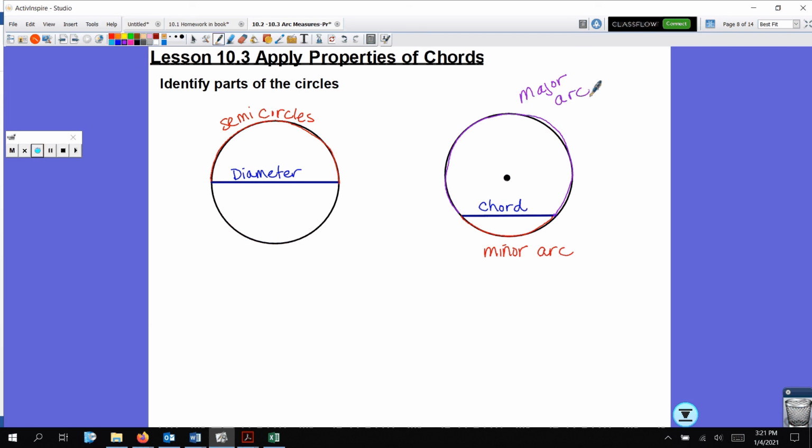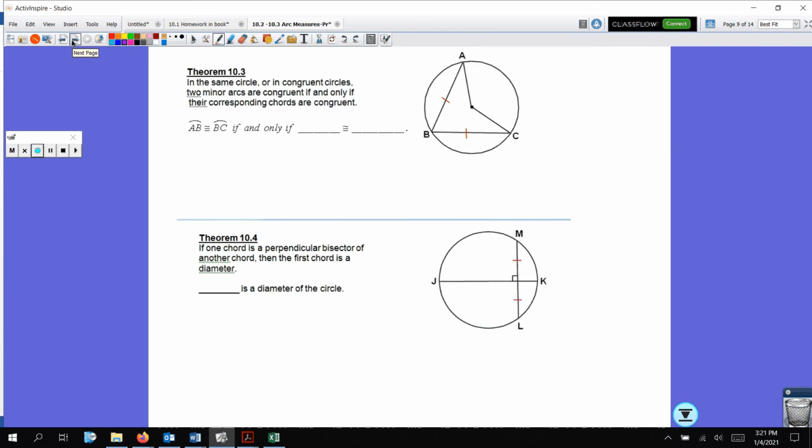Okay, once we can identify that, you should be able to identify that. We're moving on. All right, here's another theorem, 10.3. In the same circle, or in congruent circles, two minor arcs are congruent if and only if their corresponding chords are congruent.